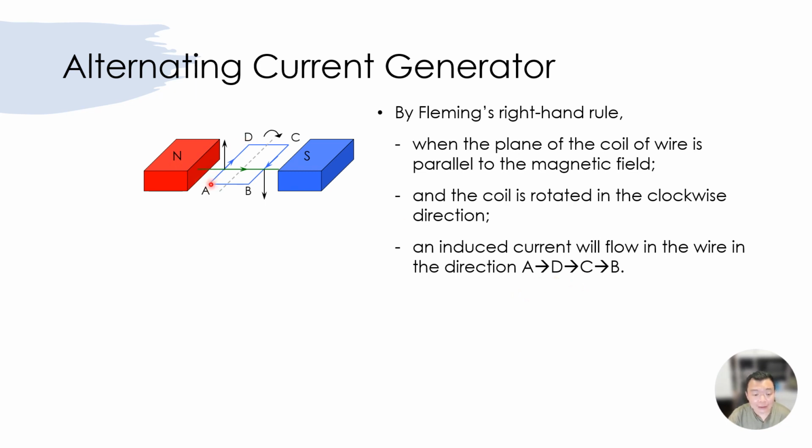Okay, so AD is moving upwards to the top of the page. So using Fleming's right hand rule, orientate your right thumb upwards towards the top of the page, or your iPad, or on the screen. Okay, next, the magnetic field lines are pointing from north to south. So taking reference to your iPad screen again, the direction of magnetic field lines is from left to right.